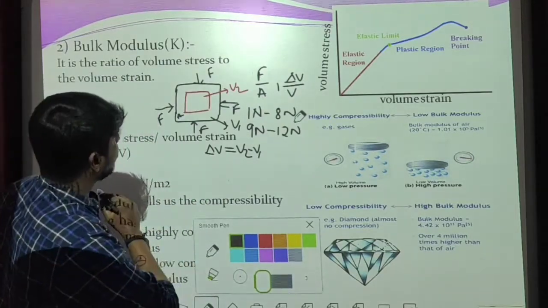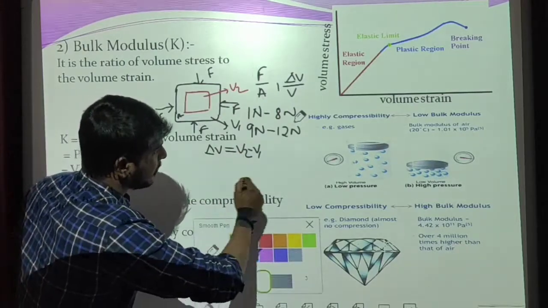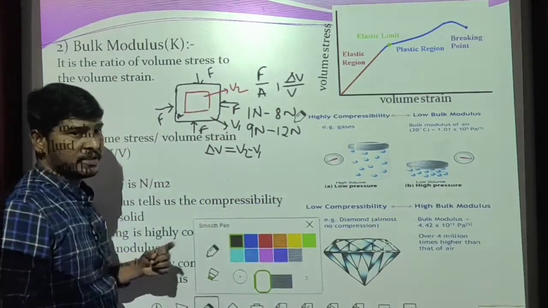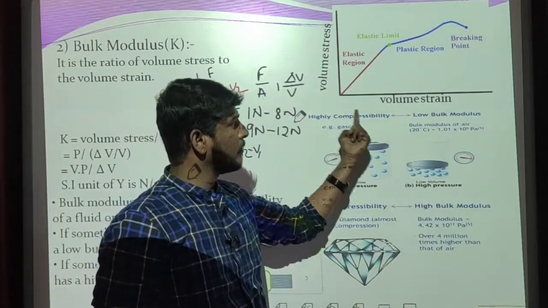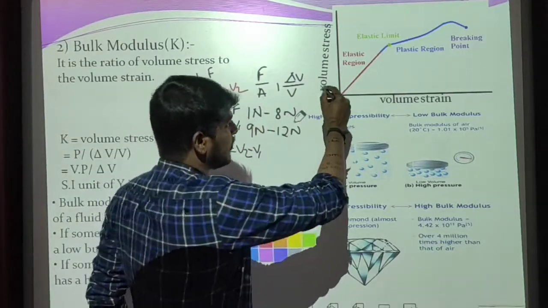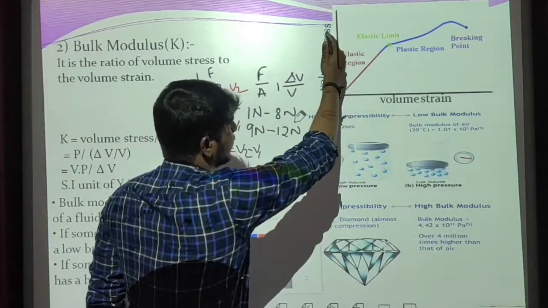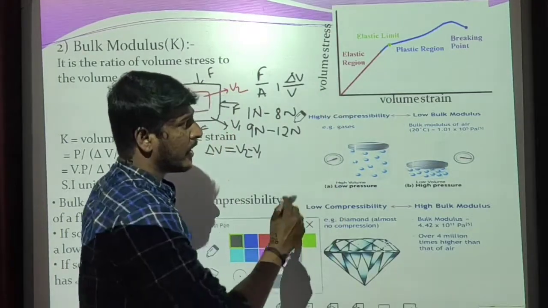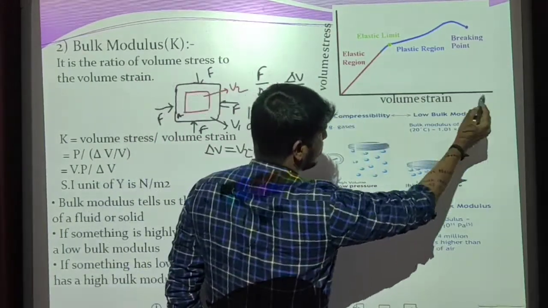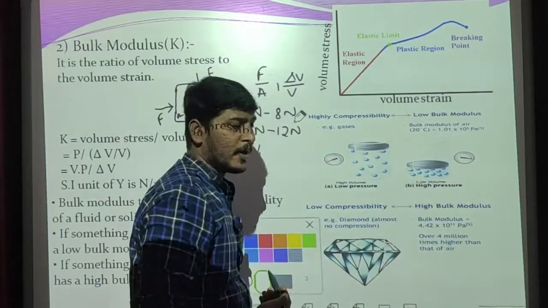Now I am going to plot a graph for this situation. Then we are going to get this kind of graph. Along the y-axis we have taken volume stress values, and along the x-axis we have taken volume strain values.